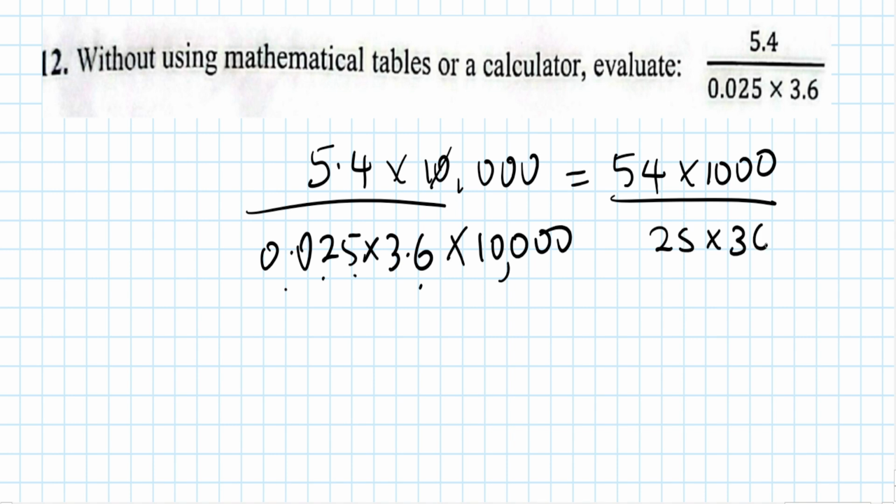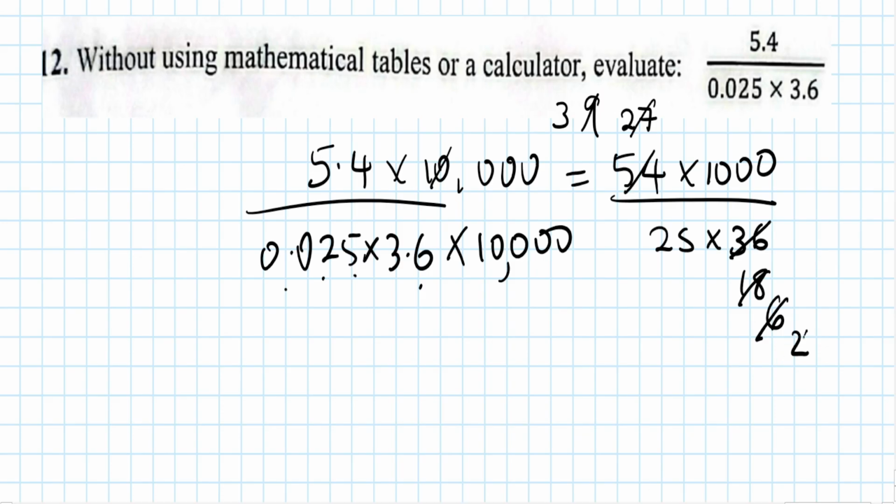Okay, now divide by 2 gives you 18, divide by 2 gives you 27, divide by 2, divide by 3 gives you 6, divide by 3 gives you 9, and divide by 3 gives you 2, divide by 3 gives you 3.